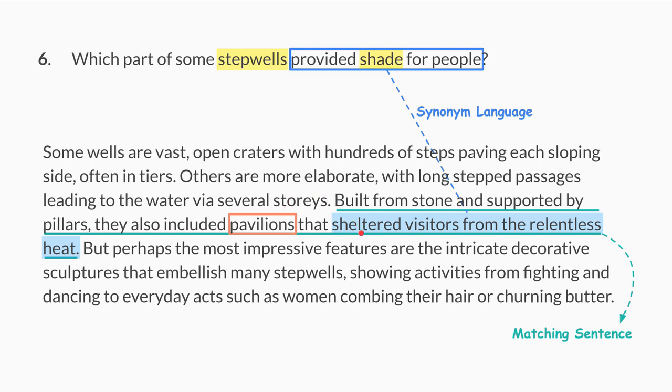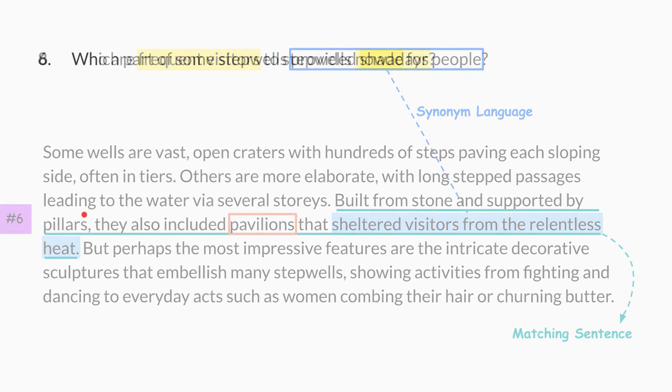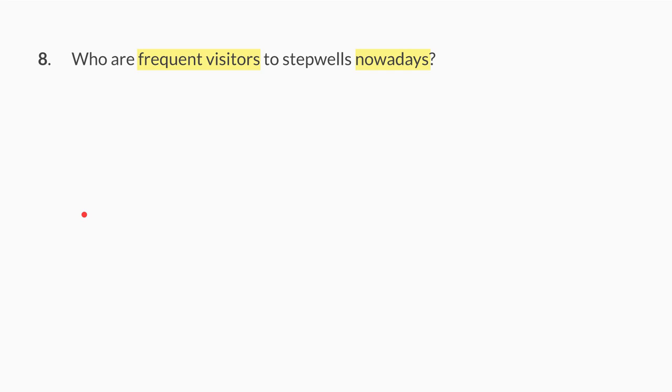Which part? It was the pavilions that sheltered people from the relentless heat. So that's our answer, pavilions. Finally, before we move on to our next question, we're going to put number 6 next to the line where we found our answer. And then we can move on to our final question, which is number 8.